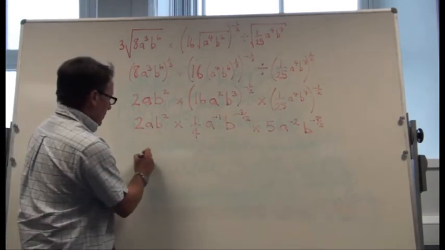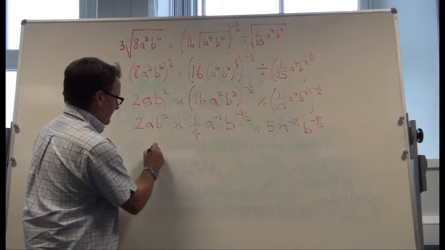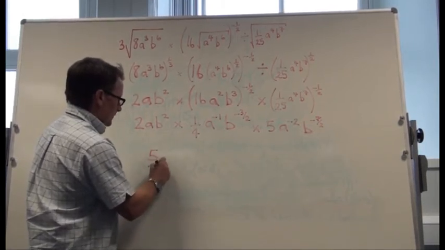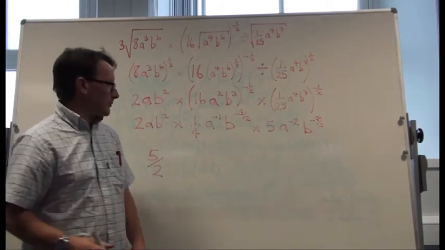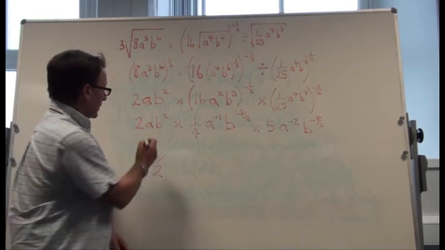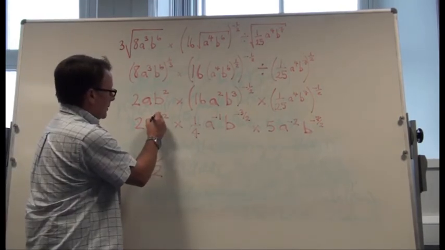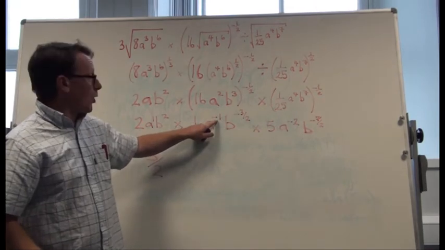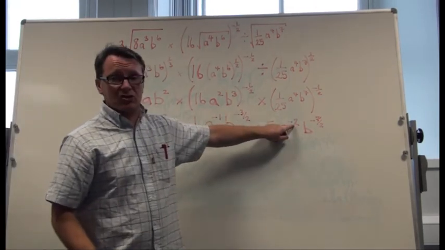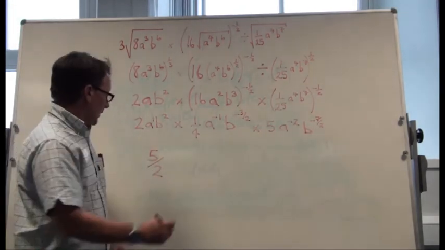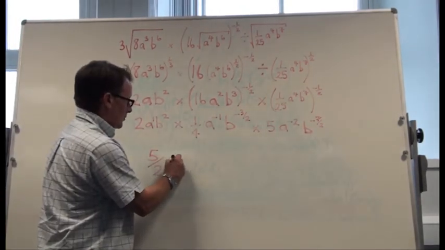Multiplied by 5, so that's going to give me 5 over 2. That's the numbers dealt with. Then the a's. I've got a, or a to the 1. I can put a 1 in there if I wish. So I've got a to the 1 plus minus 1 plus minus 2. So if you add that together, that's 1 minus 2, a to the minus 2.